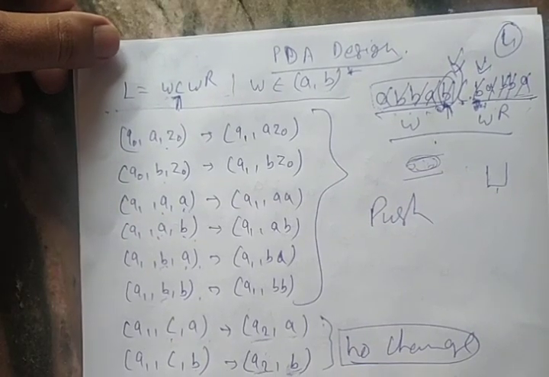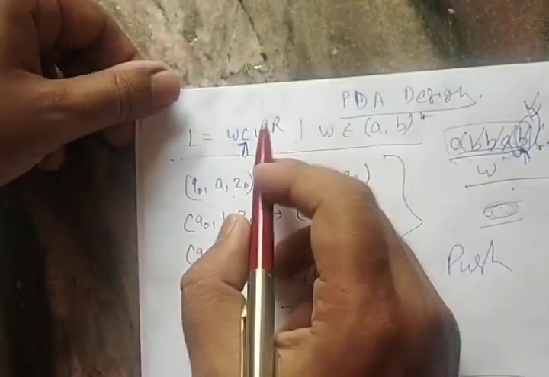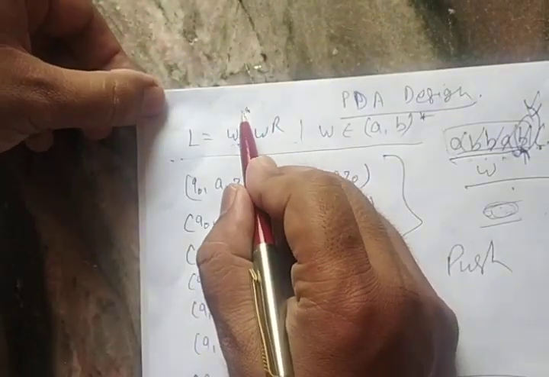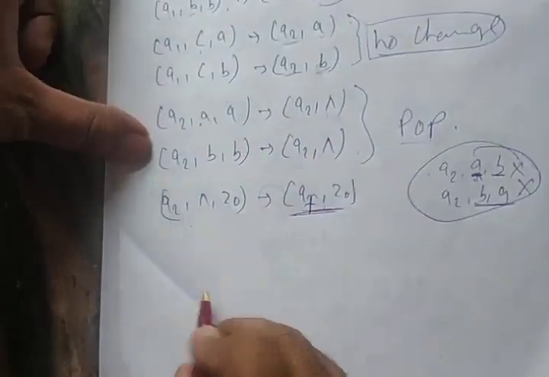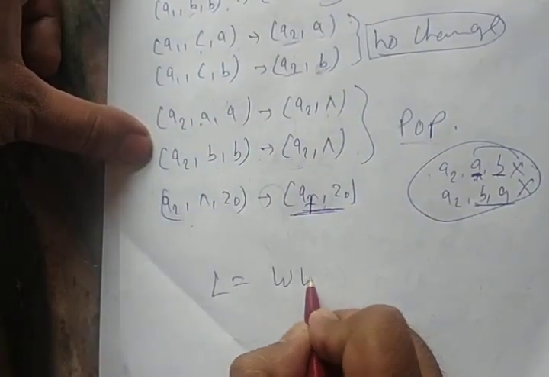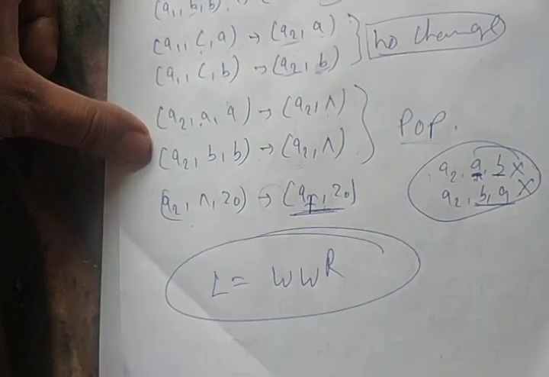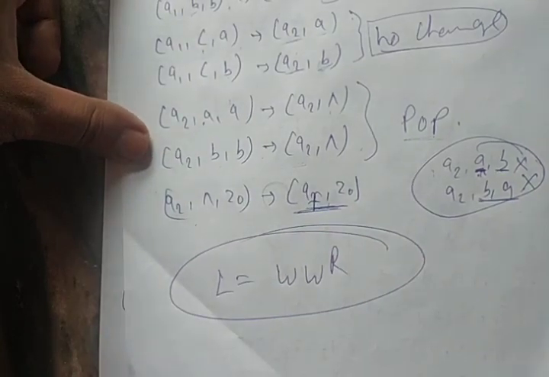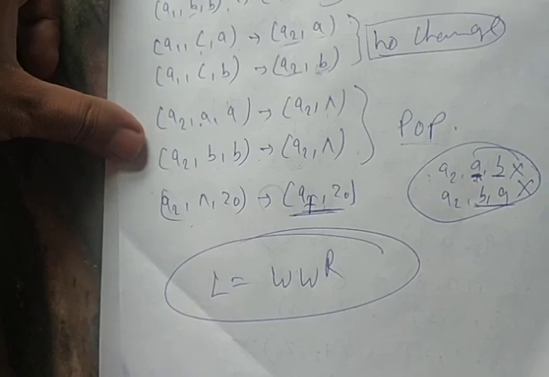Now, the question comes: what will happen if this mid marker is not given? It means if I have the language WWR, can we process this language or can we design a push-down automata for this language?